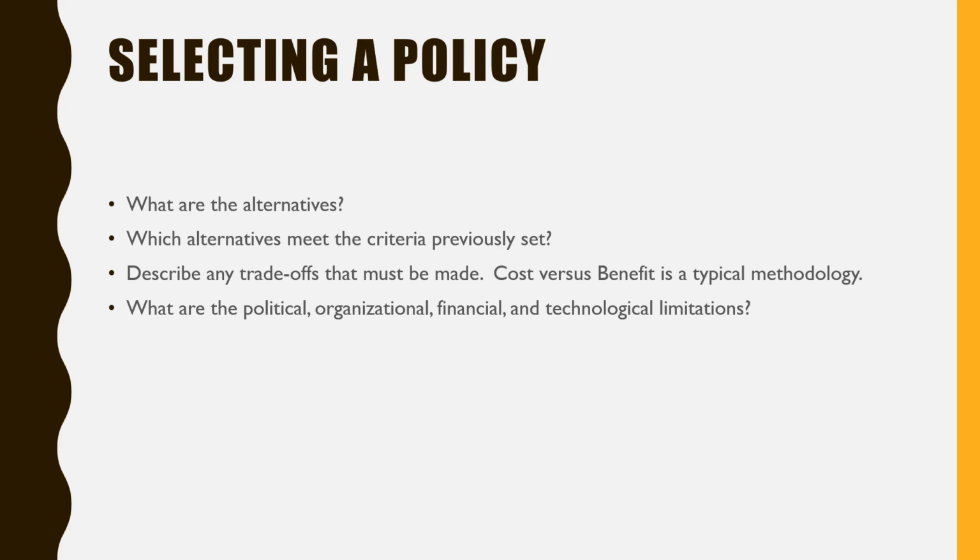It might be that you just can't get it done with the human resources or the institutional arrangements that you currently have, and you might just not be able to afford it. So there are limitations that you need to take into account, and the policy you choose has to actually be something that is possible.